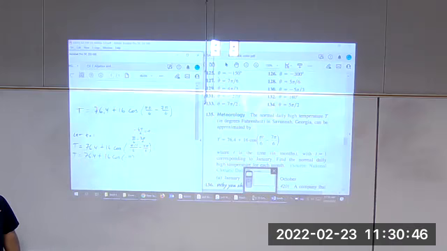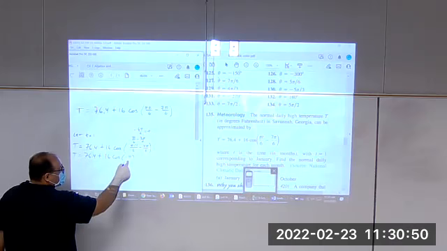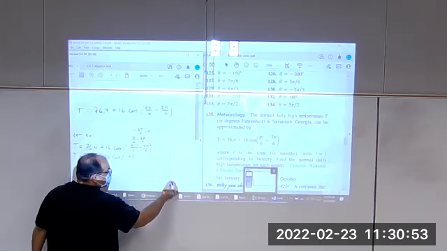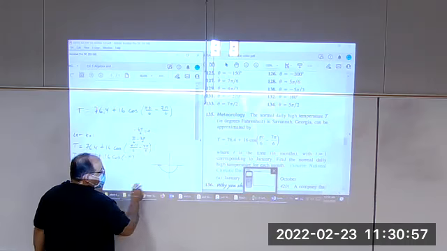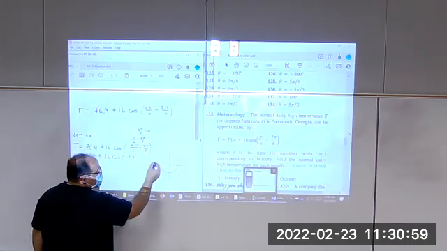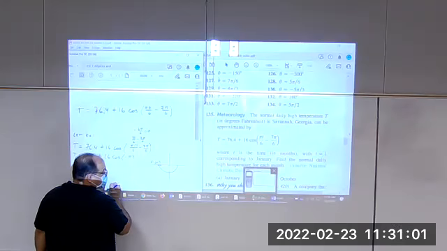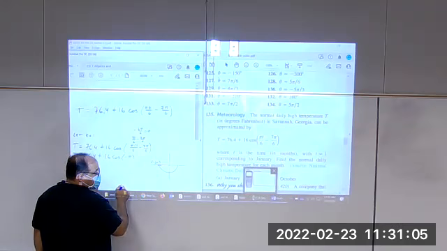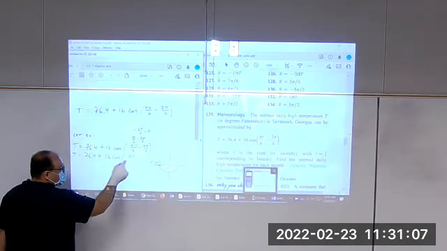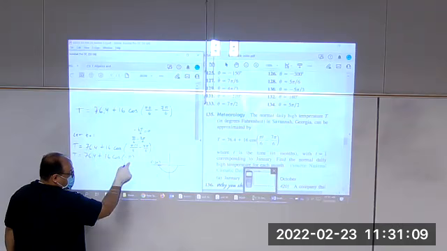Okay. Now, negative pi. Over here on the unit circle, that's (-1, 0). Cosine is your x-axis. So the cosine of negative pi is -1. Okay.